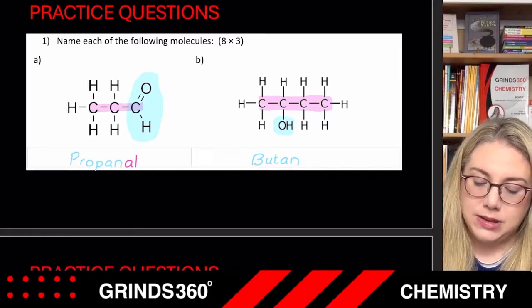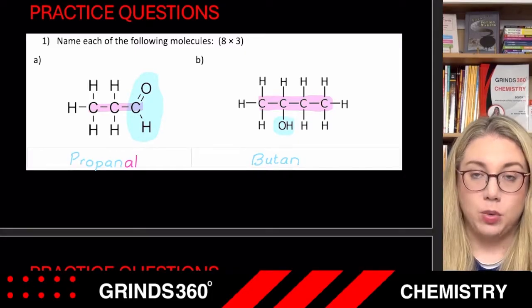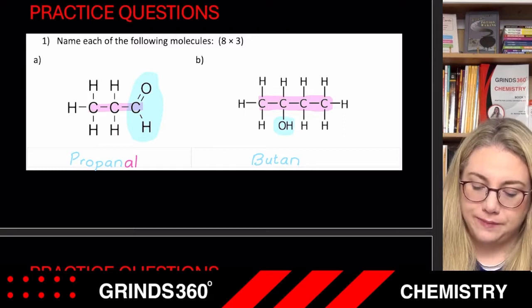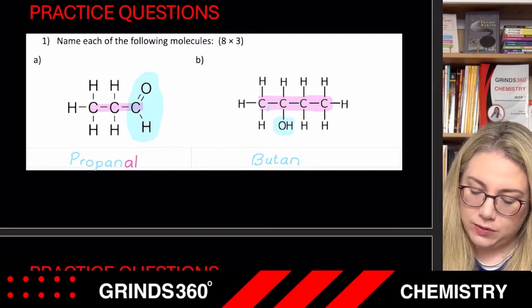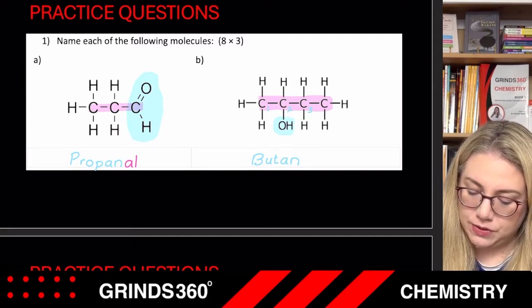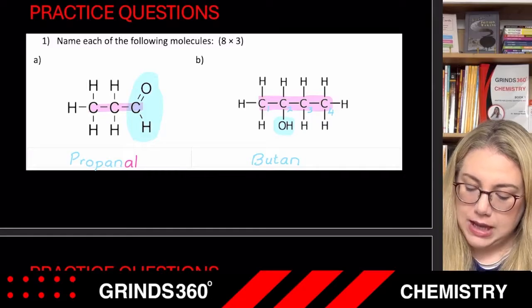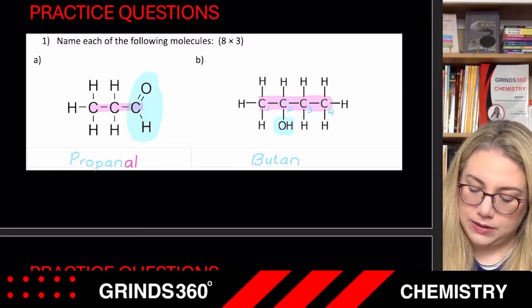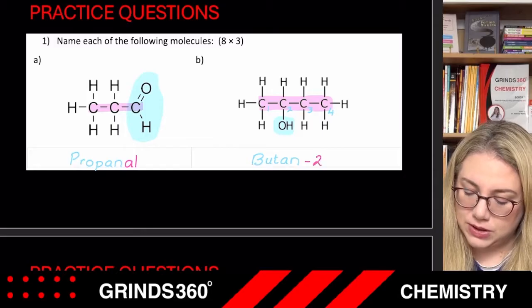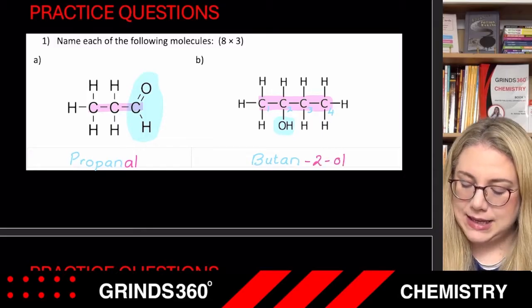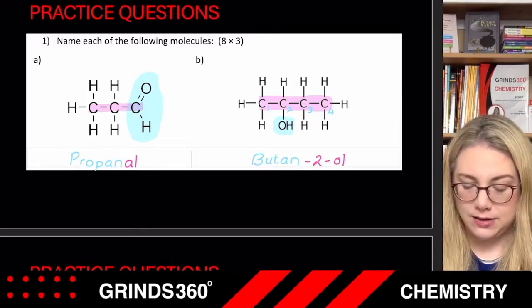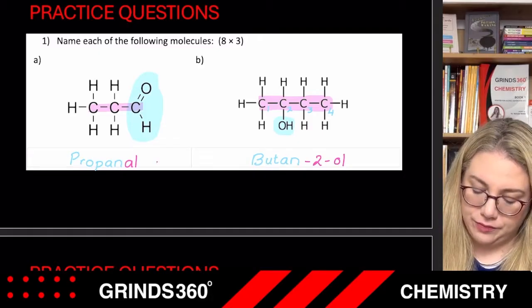Now we need to count the number of carbons to tell the examiner what number carbon the side group is on. So count from the left, you have 1, 2, 3, 4. Now my alcohol group is on carbon number 2 and it has to end in OL for an alcohol. 3 marks each.